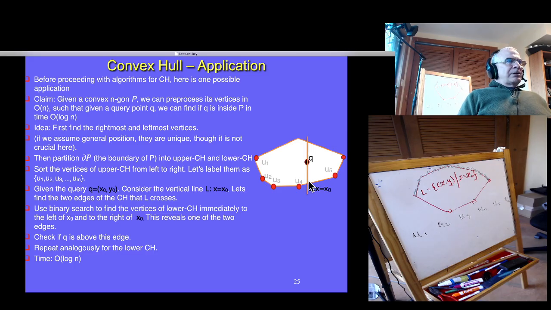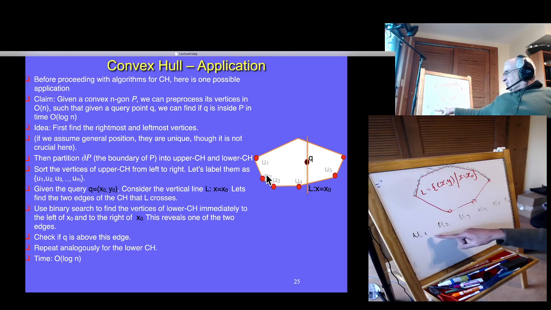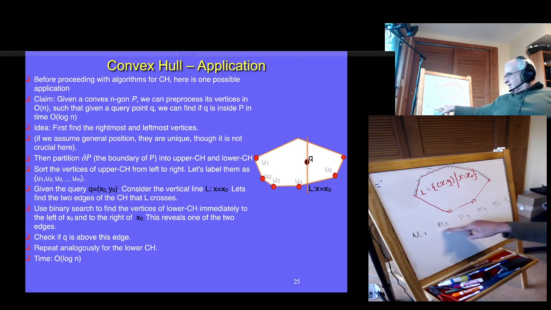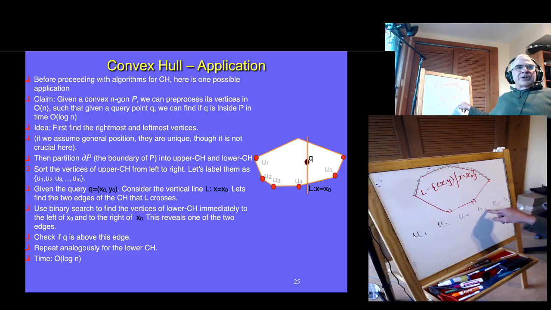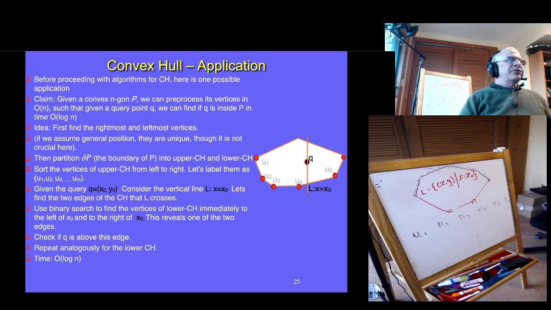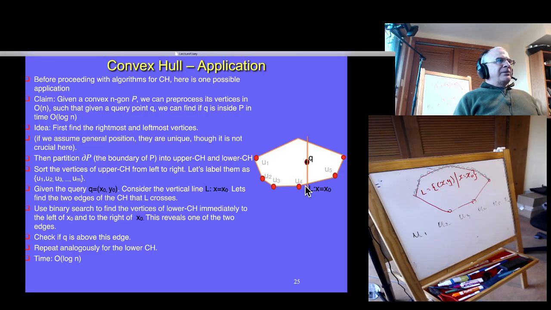What am I going to do right now? Looking at the x coordinate x0, looking at the x coordinates of all the points inside the array, all I need actually are just their x coordinates, and I'm using binary search, performing search of x0, and if x0 is not in this array, then what I'll get is an index such that the element just before it is to the left of x0.